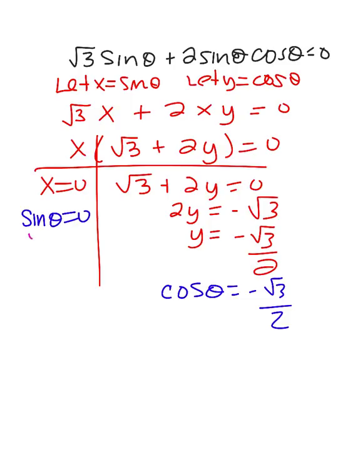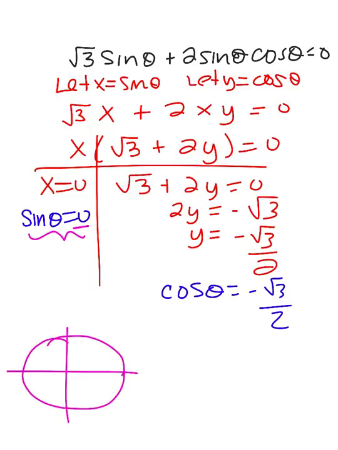So this is special. That's from the unit circle, and I know because of the 0. So remember, sine is the y value on the unit circle. So I'm looking for where my y values are 0. So this point here is 1, 0, 0, 1, negative 1, 0. And this point down here would be 0, negative 1. I'm looking for where my y is 0.